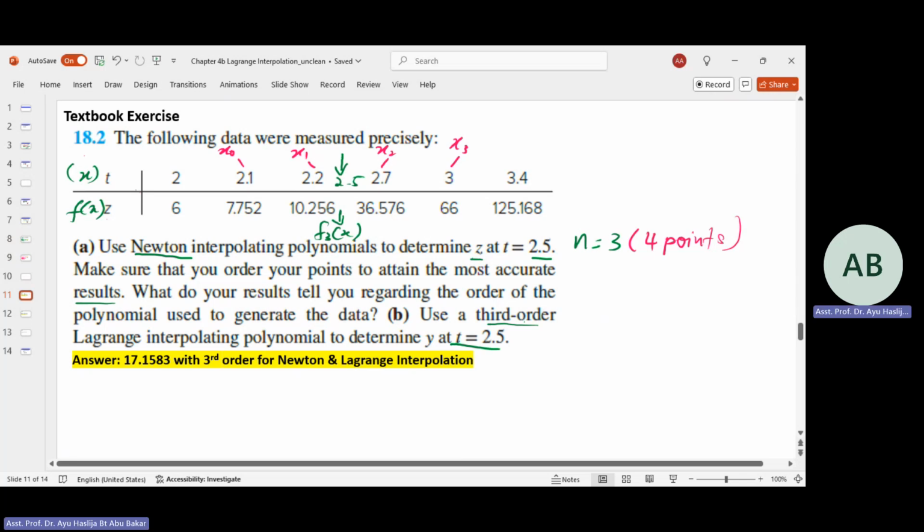If we use different values for 2.7, we get slightly different answers, but they should be in the range. You can also take your data points from 2.2 to 3.4. So here you can have 3 sets of data points.